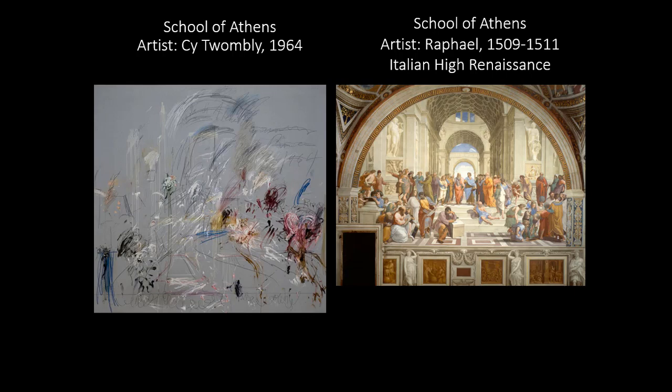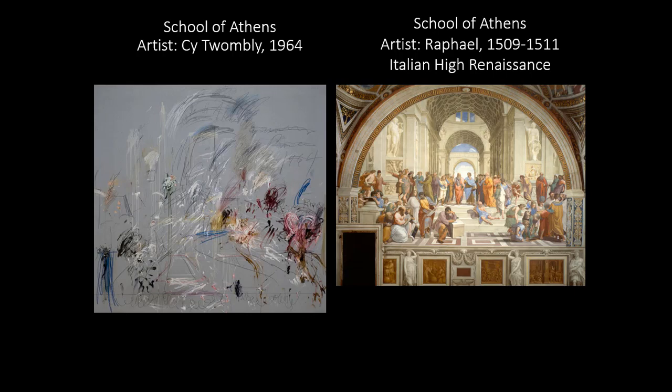But it's not completely out in left field to keep in mind this idea of a school, perhaps more as we understand school, because Raphael's painting was very much about education and intellectualism. And it's this last point, this idea of education and intellectualism, that provides an apt transition to Twombly's version of Raphael's School of Athens.